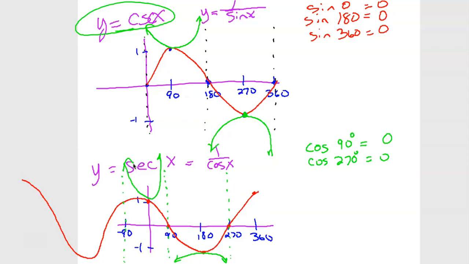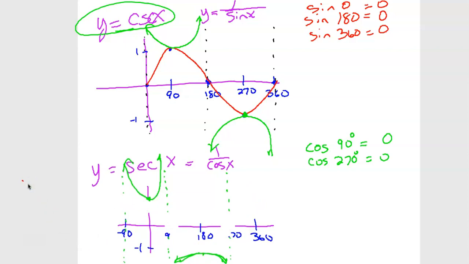So again, the way to remember secant is 1 over cosine. Graph the cosine function, and then it's the parabola, basically, on the inside of the vertexes at the inside high point of the cosine function. So that's how you do that. And again, the green is the function. If I was asking you just to graph the secant function, you would not be graphing the red.